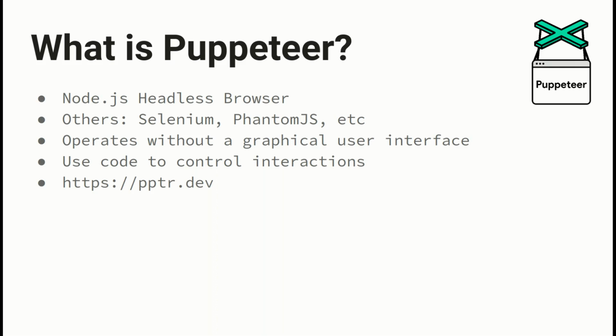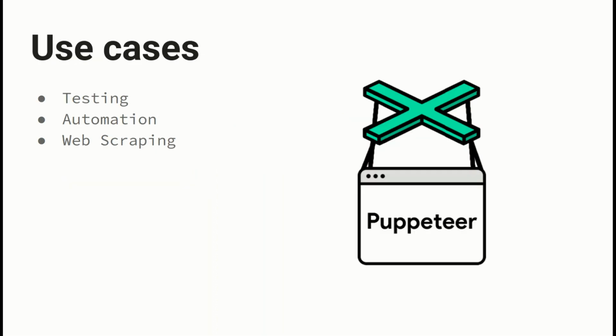You can see all of the documentation on pptr.dev. The main use cases are testing, automation, and web scraping. Today we're going to be looking at a small example I've put together for automation.